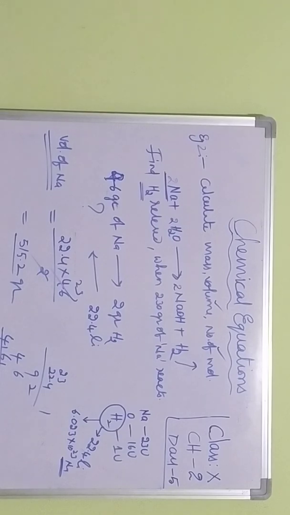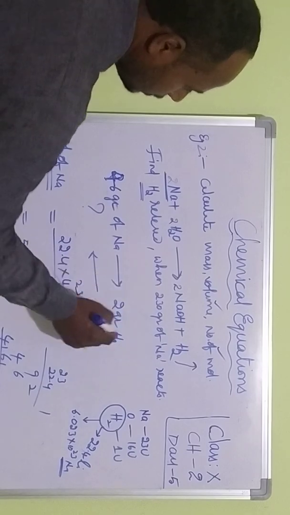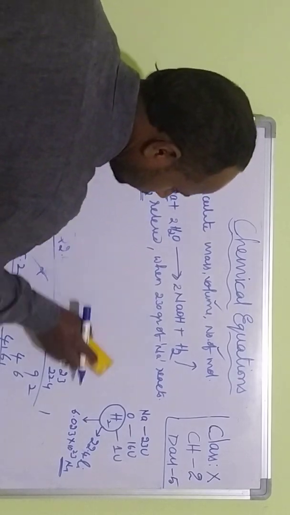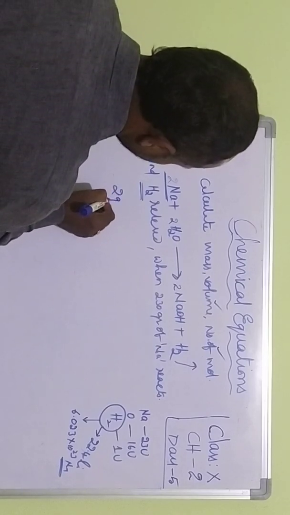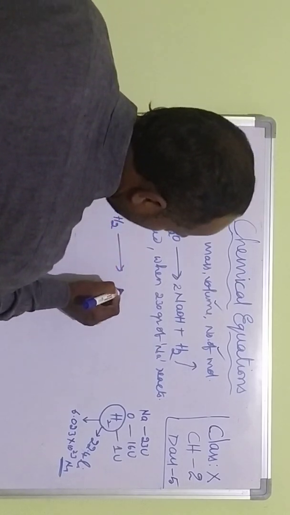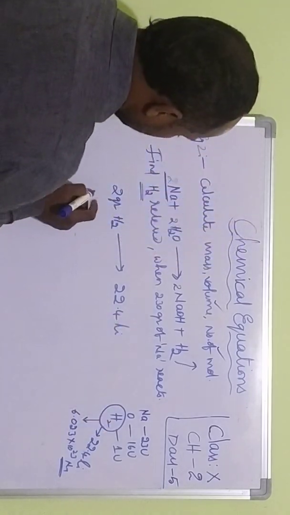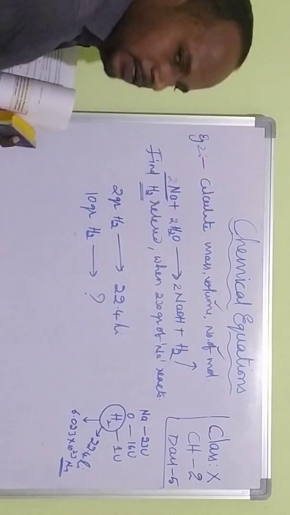But one thing, 46 grams of sodium gives you 2 grams of hydrogen, right? 2 grams of hydrogen, nothing but in the previous data the 10 grams we have observed. So 2 grams of hydrogen occupies 22.4 liters of volume. Then 10 grams of hydrogen, how much space or volume is occupied?